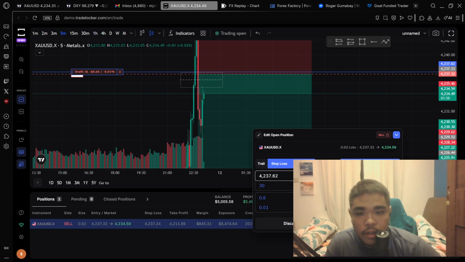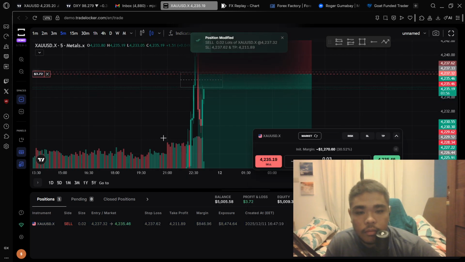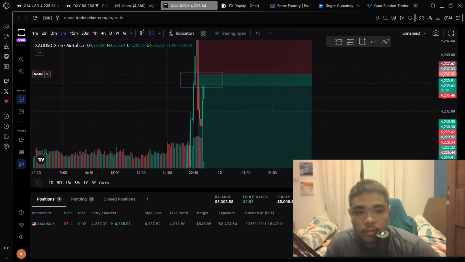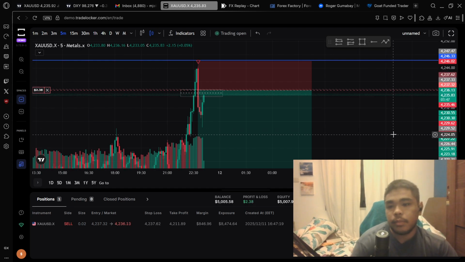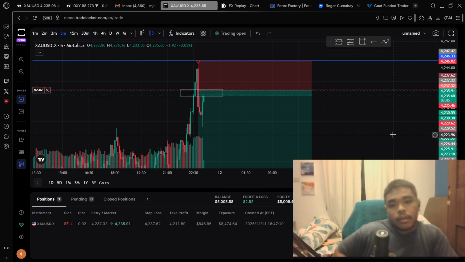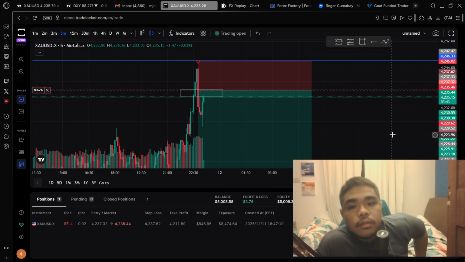I think this is fine. Gonna get stopped out right here. This might be a resweep, unless we get some reaction off of this imbalance.